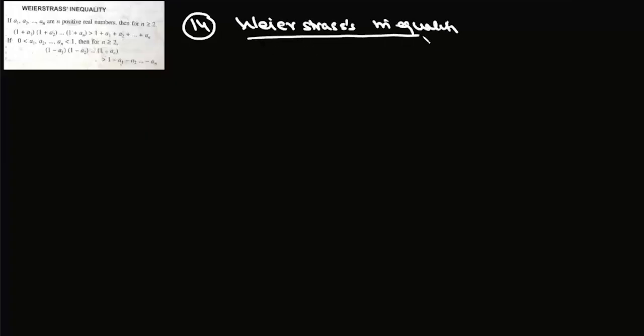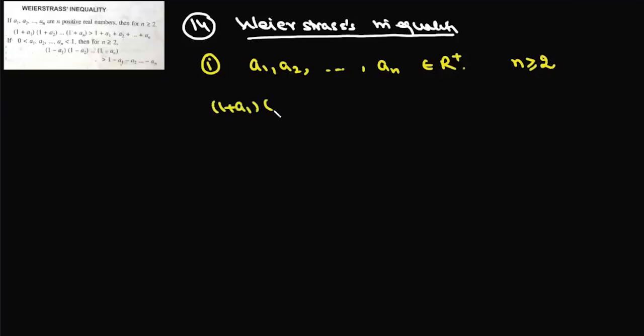There are two forms of this inequality that we use, and the first form is, if a1, a2 up to an are positive real numbers, then for n greater than 2, we can write (1 plus a1) into (1 plus a2) up to (1 plus an) will be greater than 1 plus a1 plus a2 up to an, which is a very simple result.